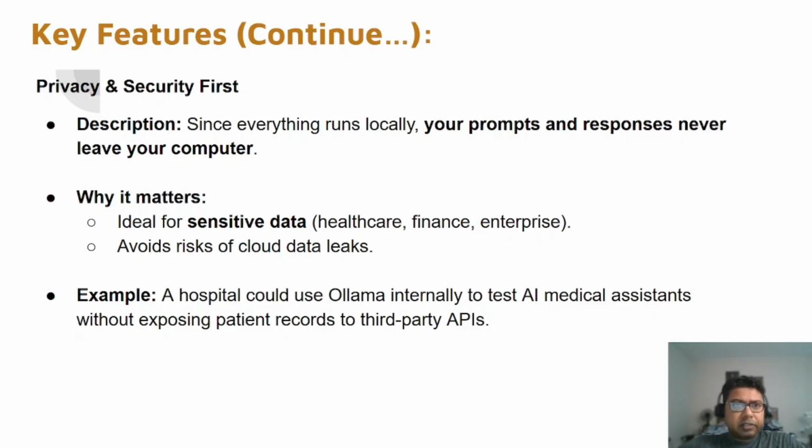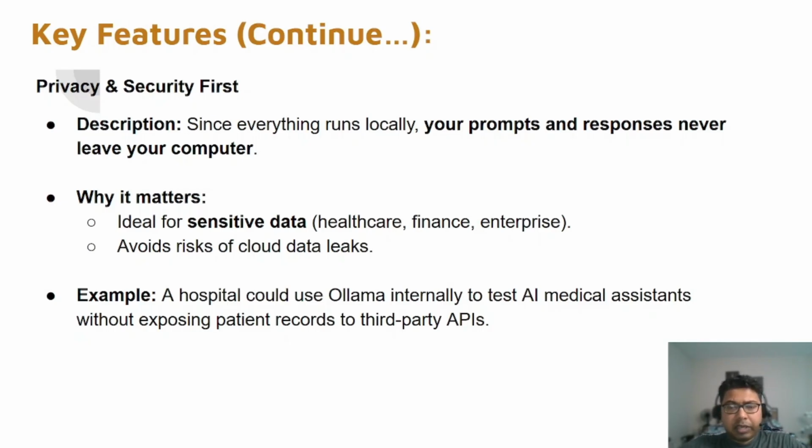More key features: privacy and security first, of course. We are not connecting to the cloud, so we are not passing our information to clouds for anyone to take from us. Why it matters: sensitive data is scary to pass to the cloud, where it could get leaked.